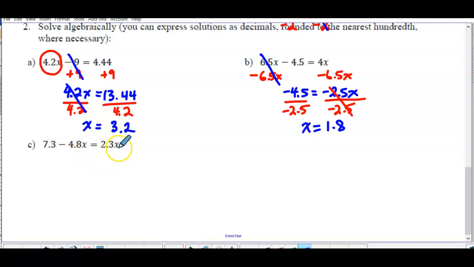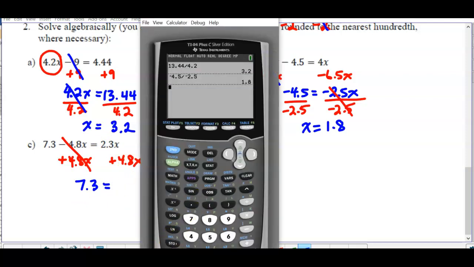There's one x term on the right anyway, so I want to get rid of this term on the left. So I'm going to add 4.8x, always the opposite sign, so that goes to 0. And then I'm left with 7.3 equals. If you're not sure what 2.3 plus 4.8 is, do it on your calculator. You're still showing your work, so that's okay.